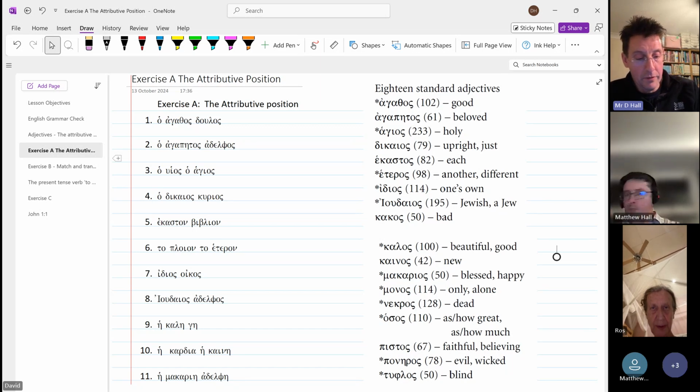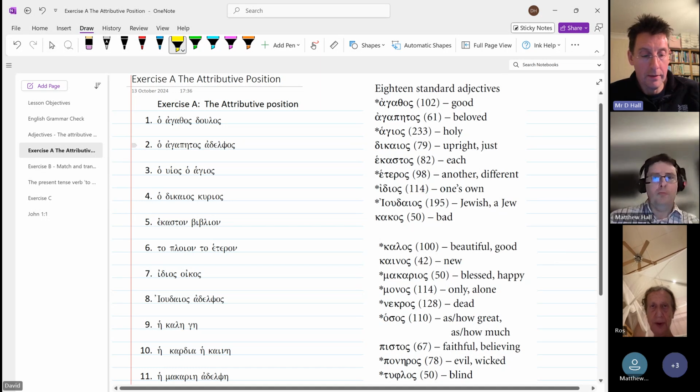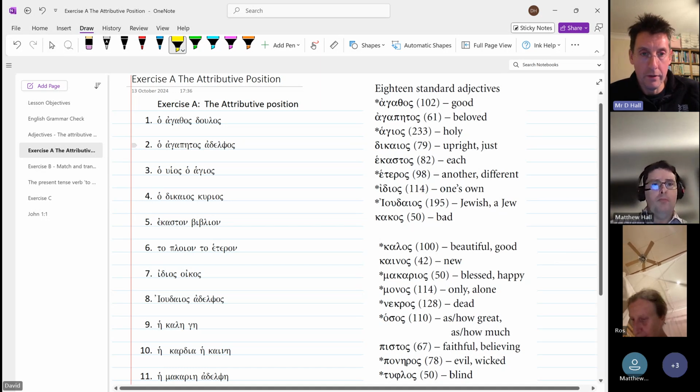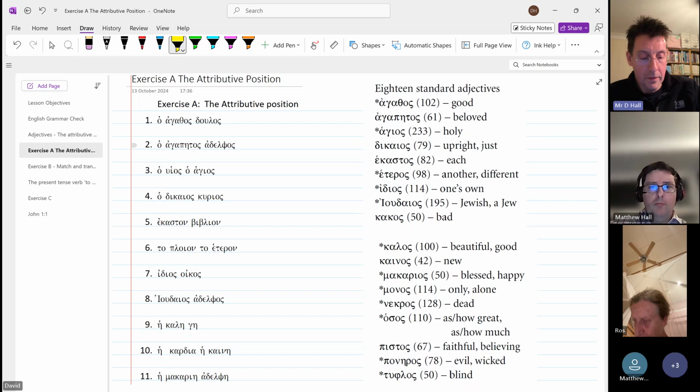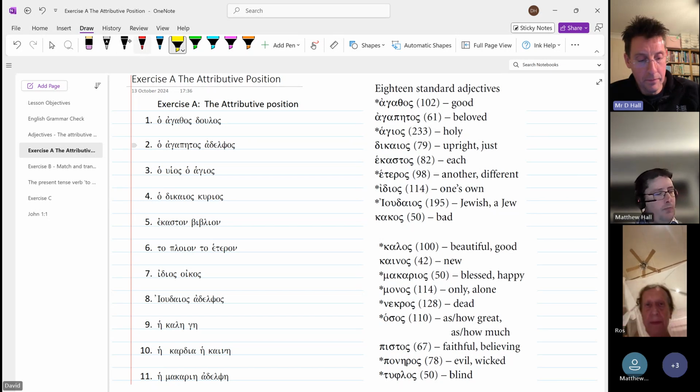I'll do a couple with you, and then you can have a little go at working through some of them. They're all of a similar format. They're all using the nominative case for the moment. So the first one, we'll identify first of all. We can translate the words literally.